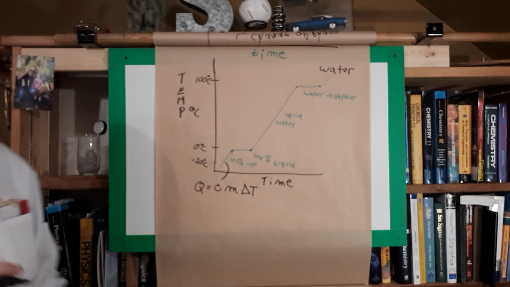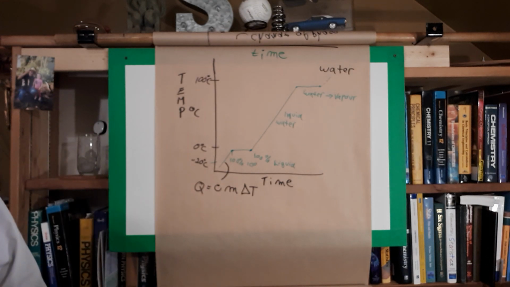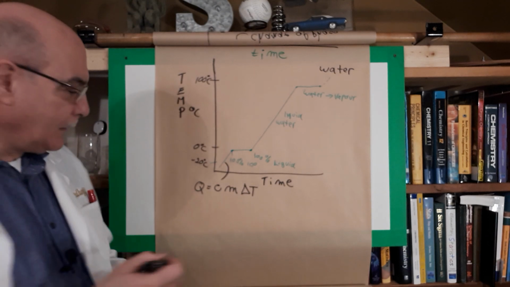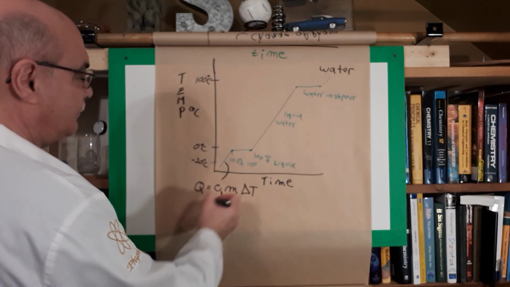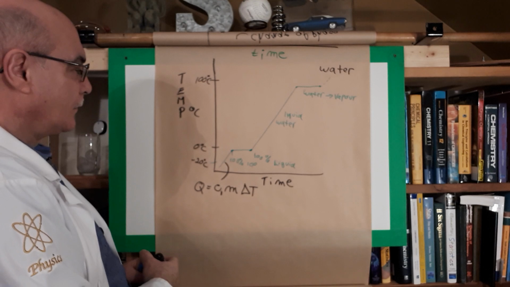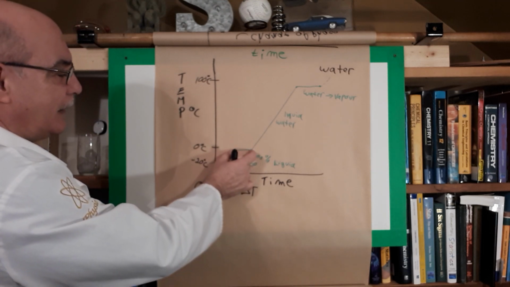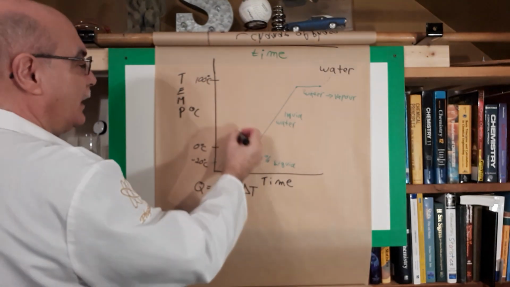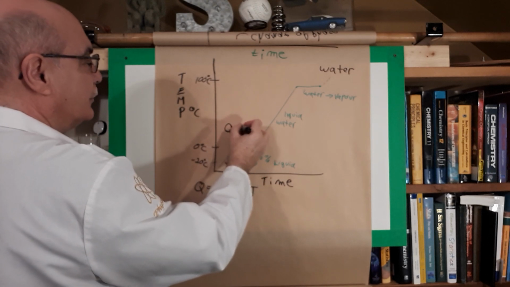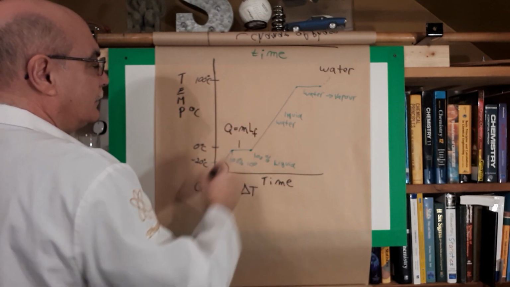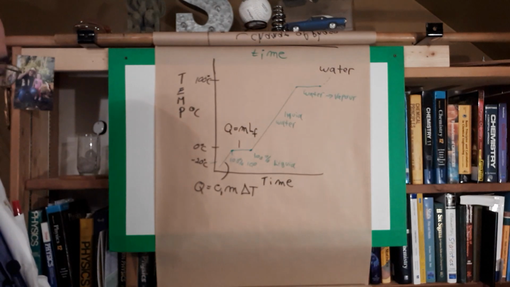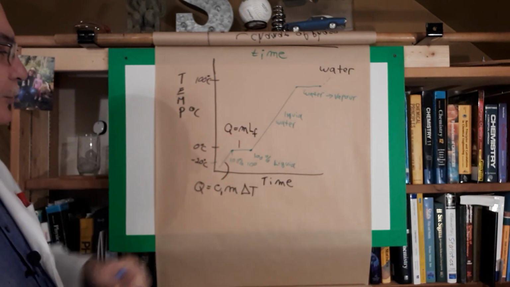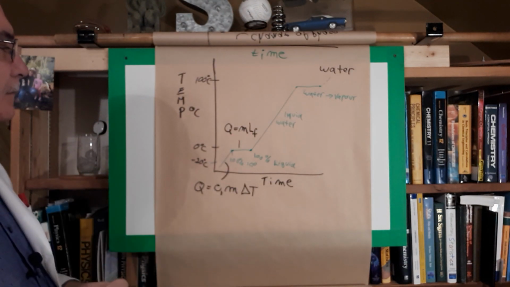That C, that is the specific heat capacity for ice. And I'm going to call this C1. At this change of phase, there's an equation that applies here. Q is equal to MLF. This is the latent heat of fusion. I'll talk about these here in a minute.